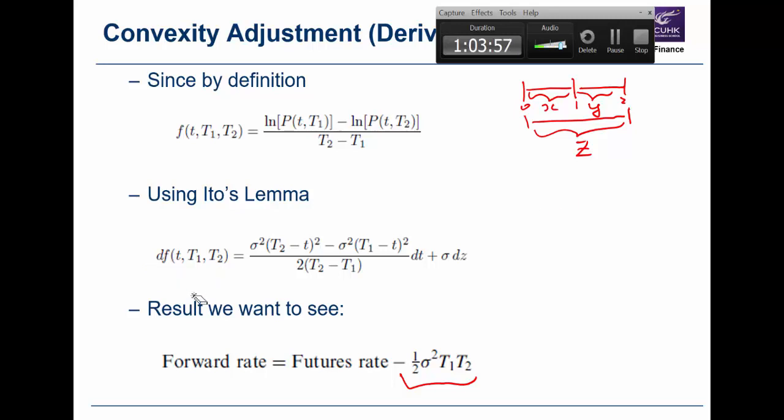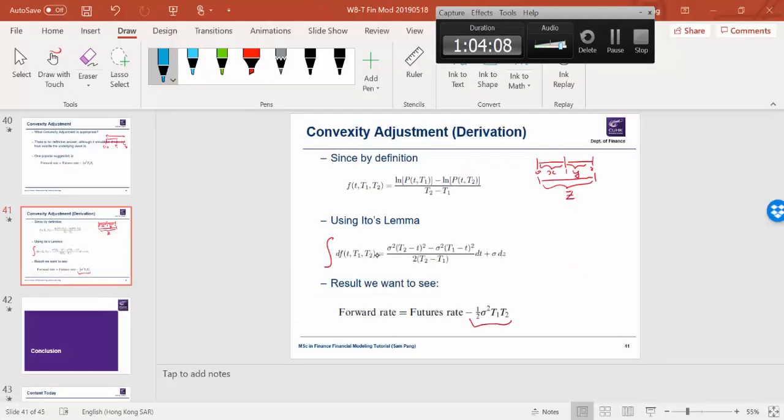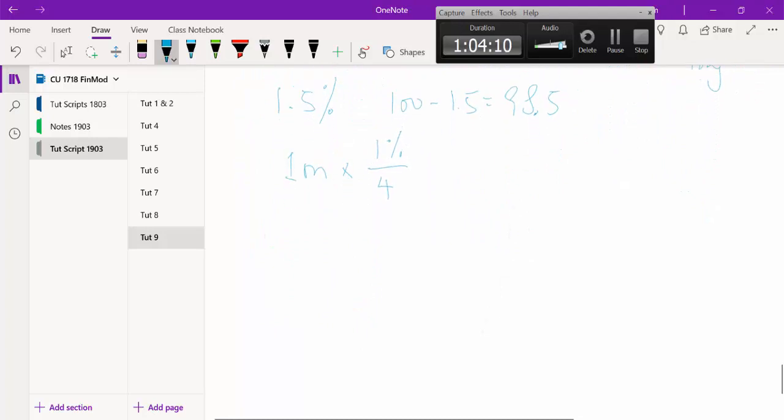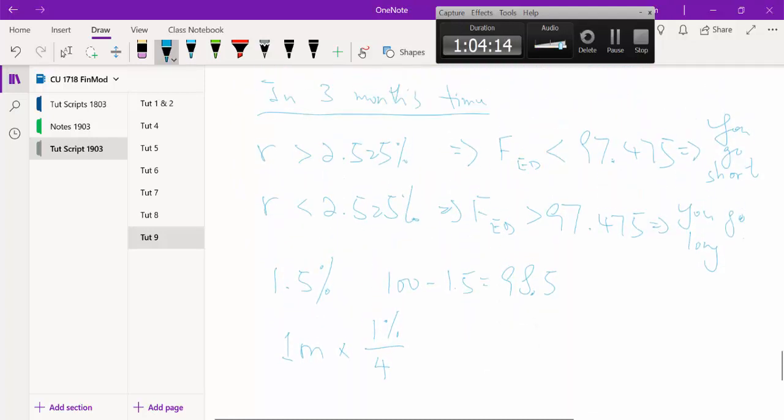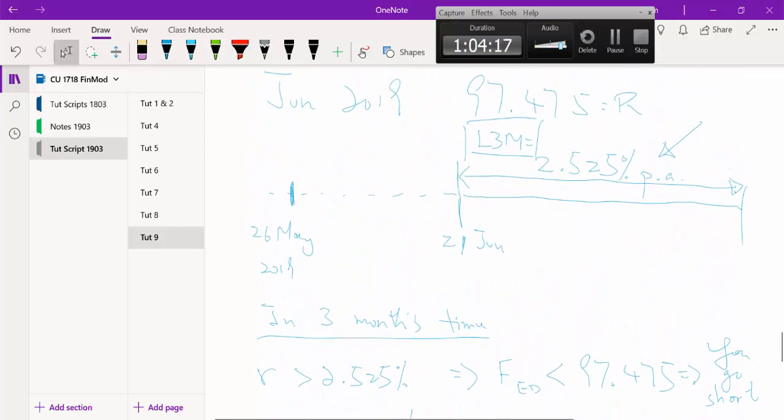And if you take expectation of this over time by simply integrating this over dt, okay, I think I'll try and do that, see if I can do that here, okay. Now I lose that. Hold on.